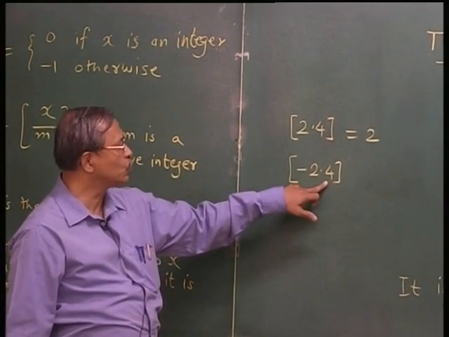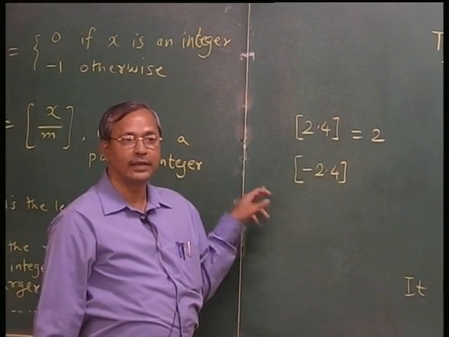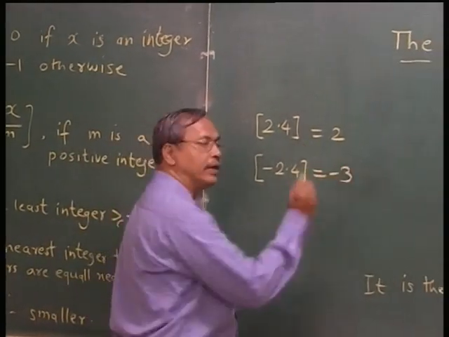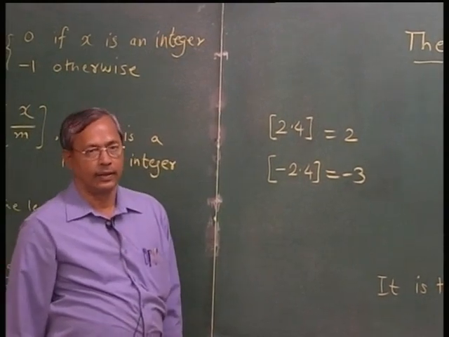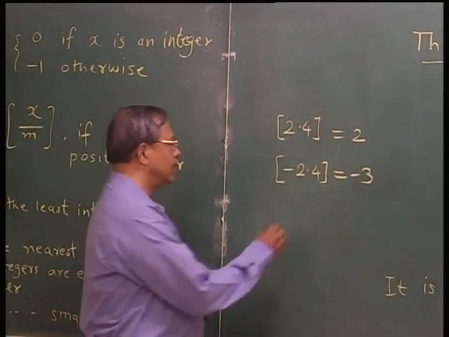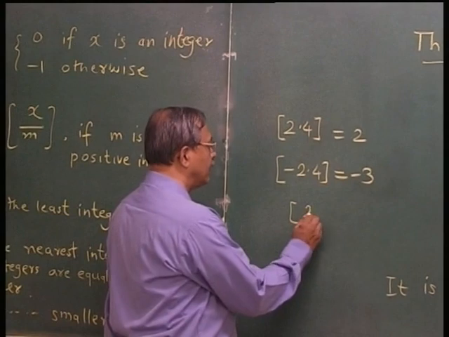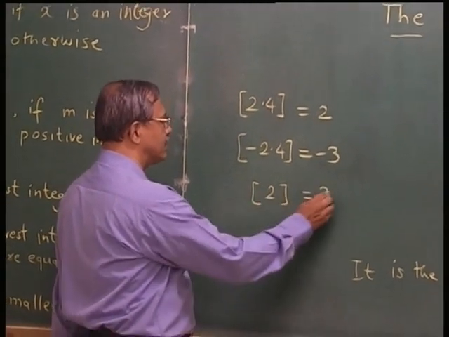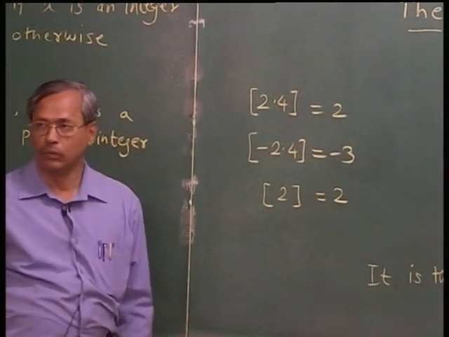They are minus 2 and minus 3. But minus 3 is less than or equal to this. So this is minus 3. If I take an integer, then the greatest integer function has the value of that integer.